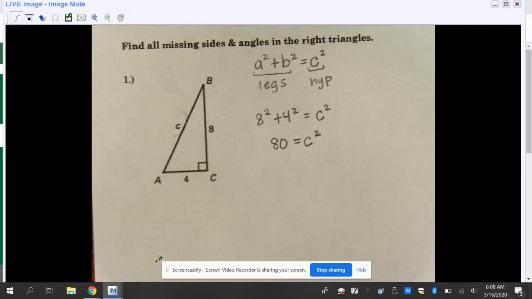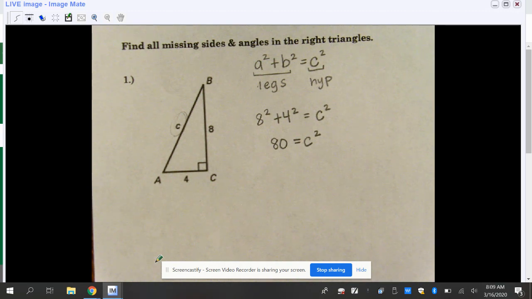Now, when we're solving the right triangles using trig and the Pythagorean theorem, as of now, we are going to just round everything to the nearest tenth. So I'm not going to require at this point that you simplify and rationalize the denominators. We will focus more on that when we get to 8.2.